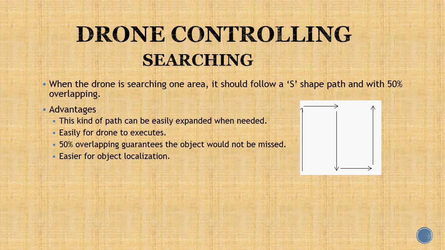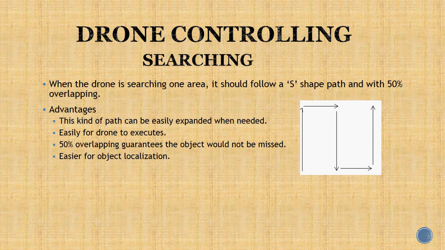Next, we need to design a path for the drone to search the area. I designed an S-shaped path for the drone because this kind of path can be easily expanded and is easy for the drone to execute.